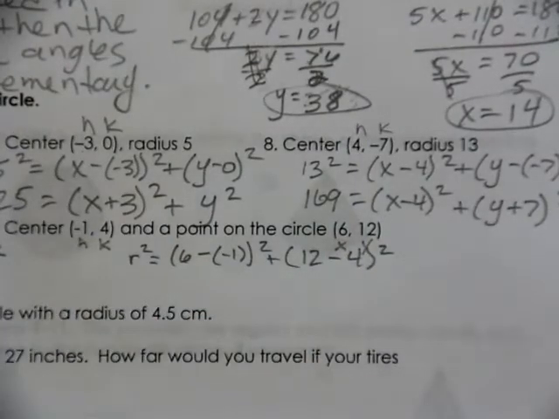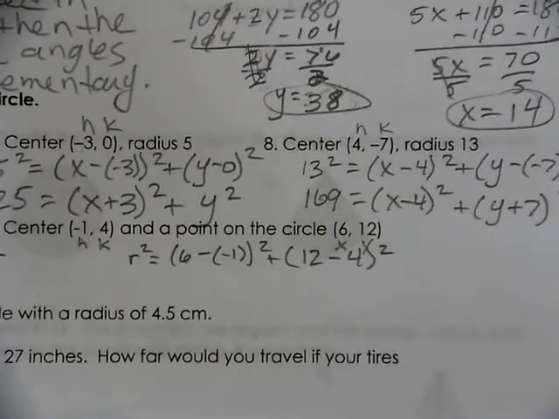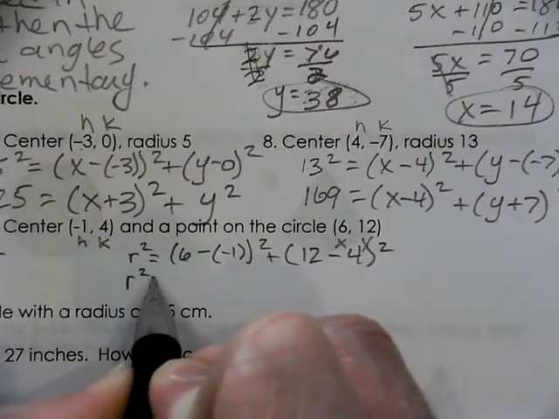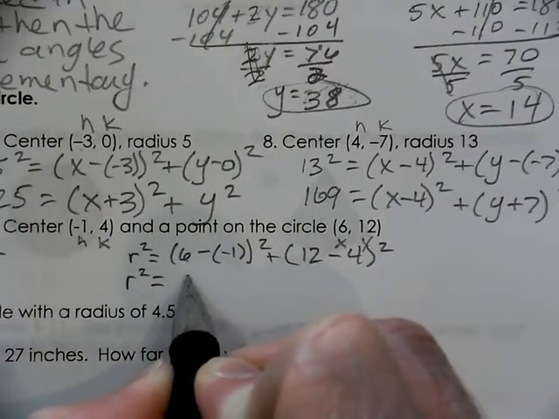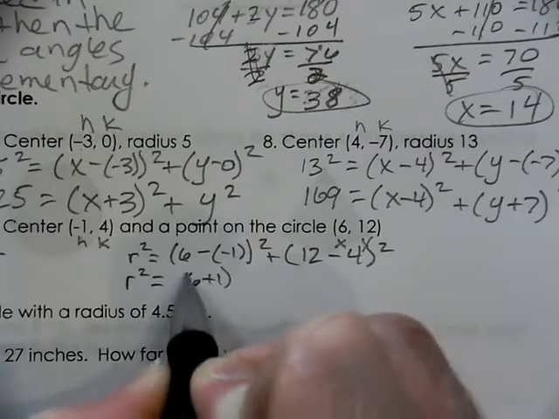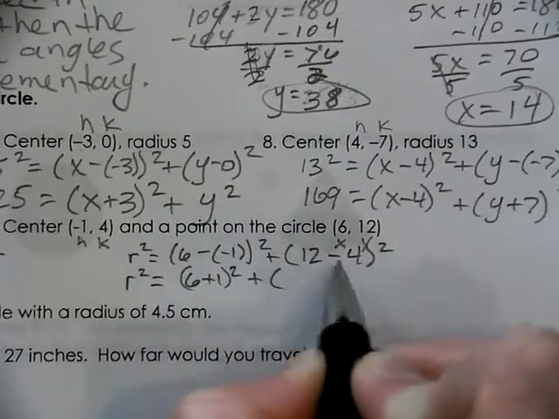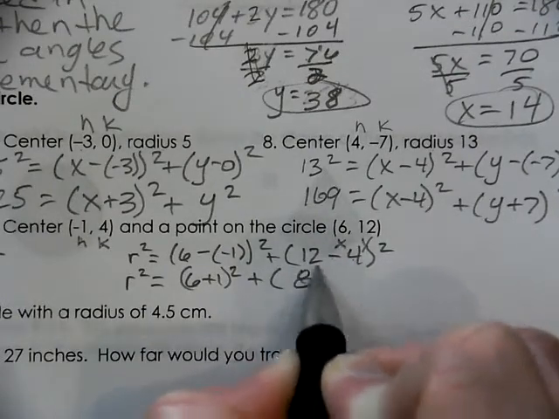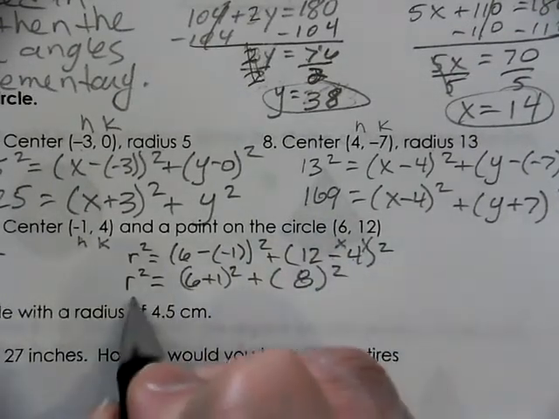So we still plug it in to the same formulas we've been talking about. We're trying to figure out the radius. So this is 6 plus 1 squared and 12 minus 4, which is 8 squared.